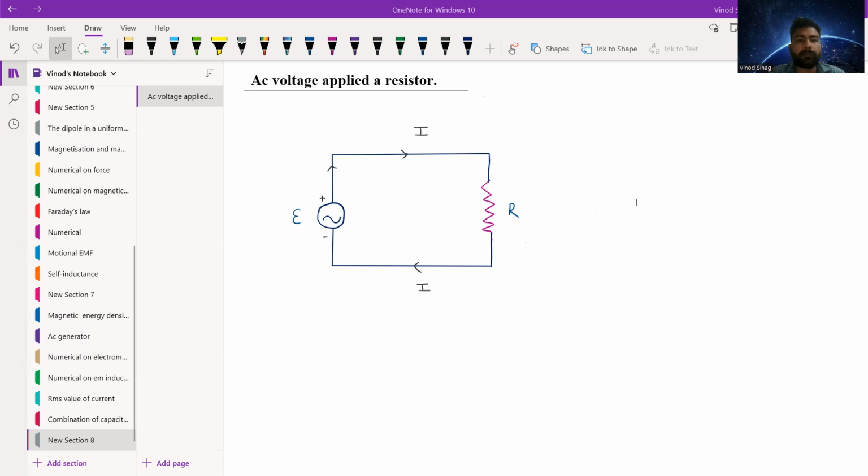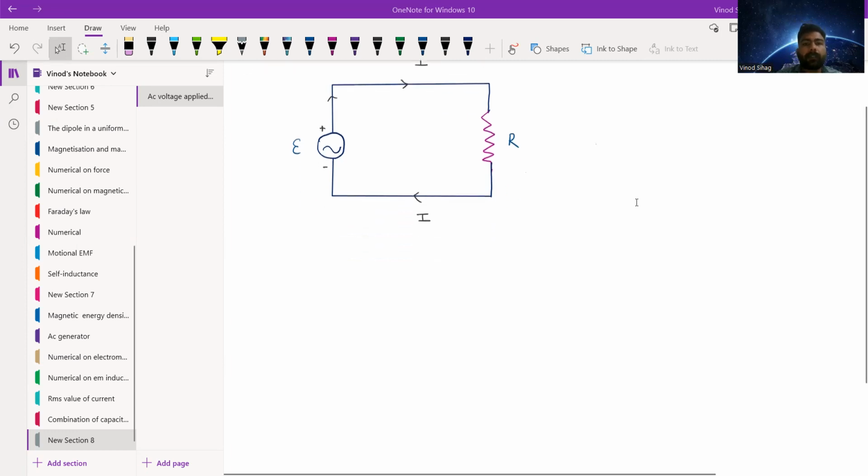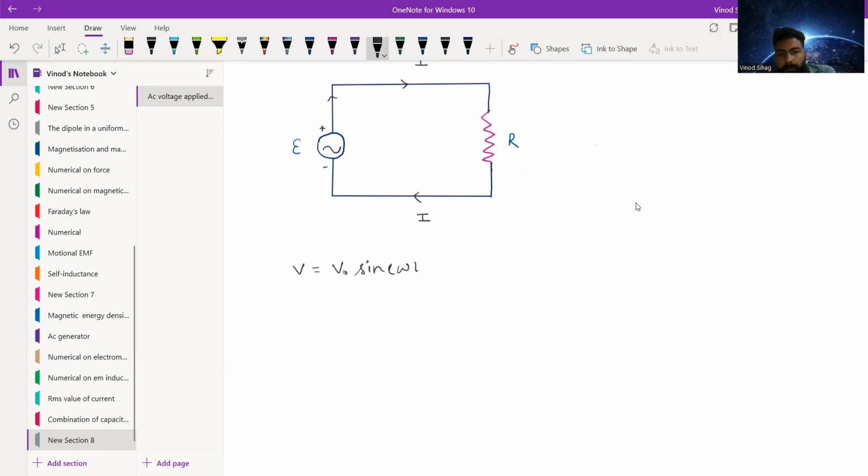So till now we have studied when a DC source is applied, but in this case it is a little different because here we have applied an AC voltage, and that voltage is V equals V naught sine omega t, where omega is the angular frequency and V naught is the maximum voltage, and V is the voltage at time t.